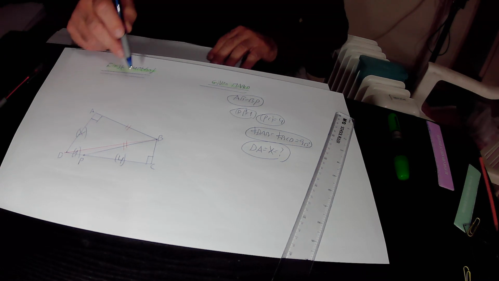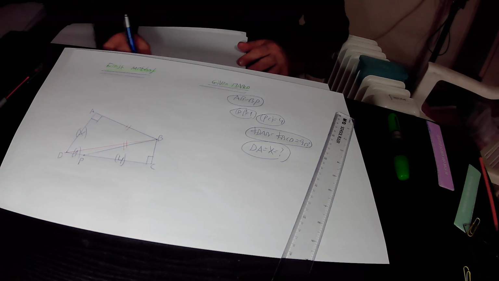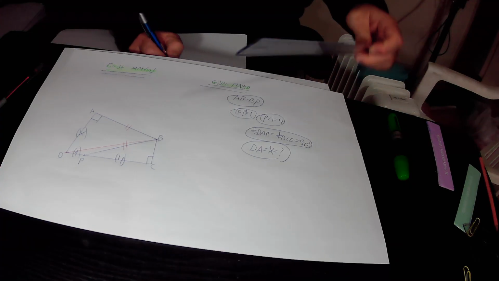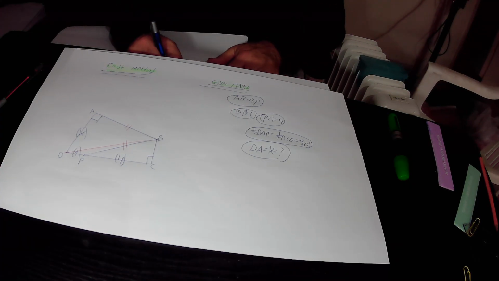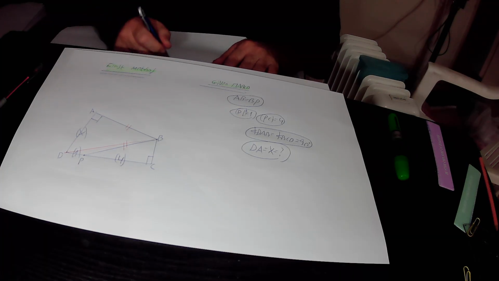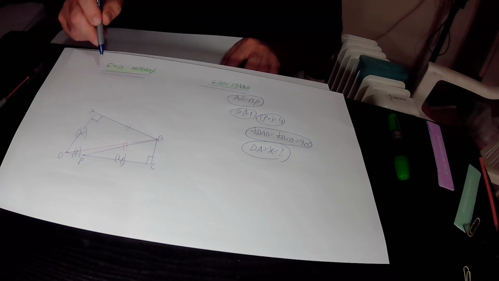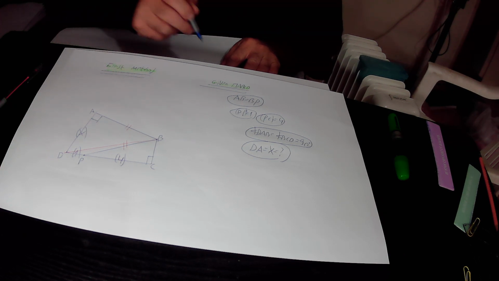So in the upper right triangle ABD, BD squared, the square of the hypotenuse, equals AB squared plus AD squared.